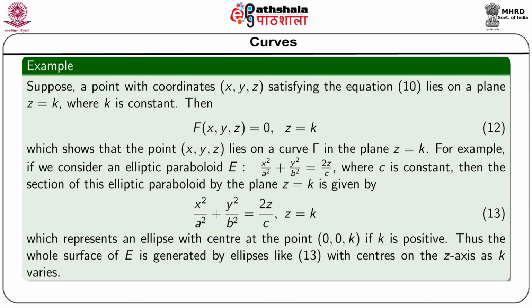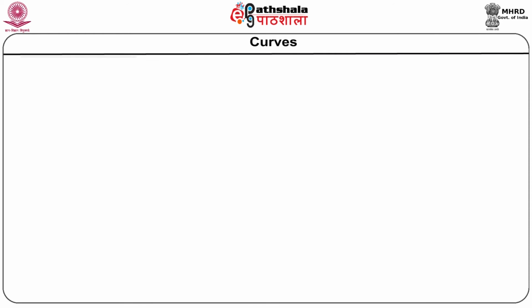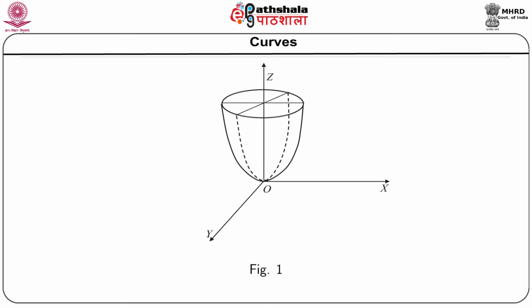Therefore, this surface and the plane z equals k represent a curve, and you can note that the center of this ellipse has the point 0, 0, k, where k is positive and k is the parameter, and that can be visualized from this figure also. So, k is the parameter, the height at which you are cutting the surface by the plane.